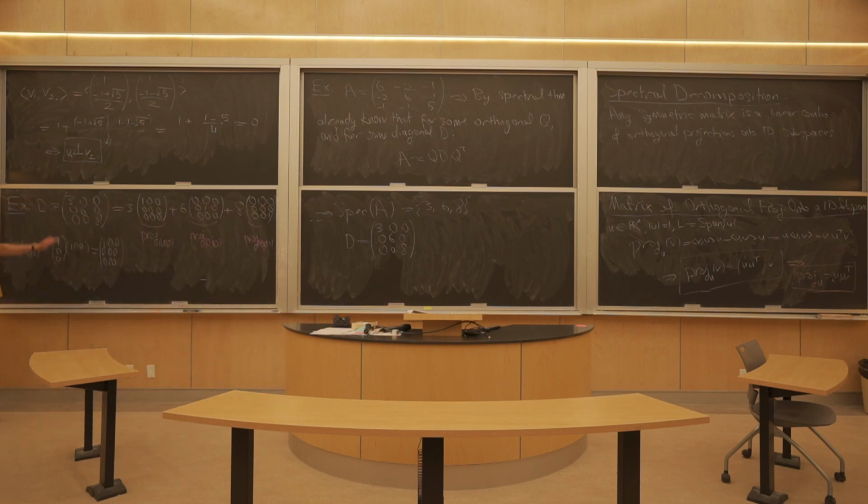So this diagonal matrix, which is symmetric, I was able to write as a linear combination of projection operators onto one-dimensional subspaces, and of course the coefficients are the eigenvalues. Spectral decomposition says the same thing holds in general. It says this.